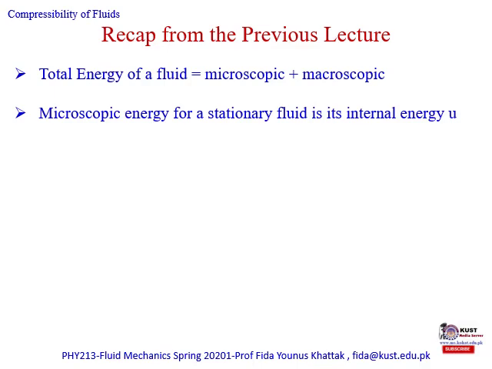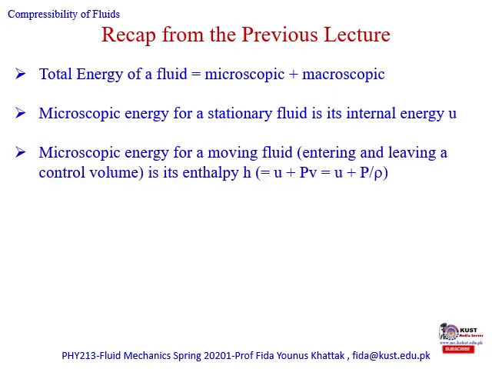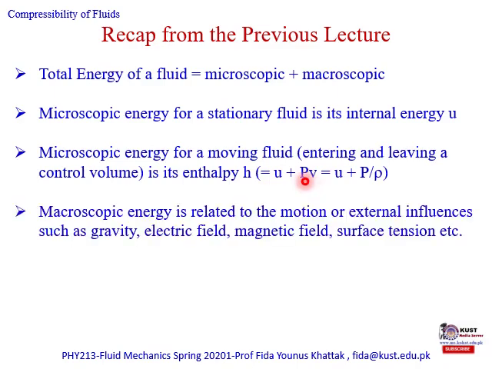We learned that the microscopic energy for a stationary fluid is its internal energy U. We also learned that the microscopic energy for a moving fluid is enthalpy, denoted by H, which is equal to the internal energy plus the PV energy. The macroscopic energy is related to the motion or external influences such as gravity, electric field, magnetic field, surface tension, etc.